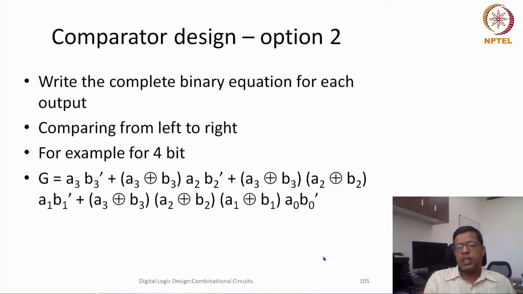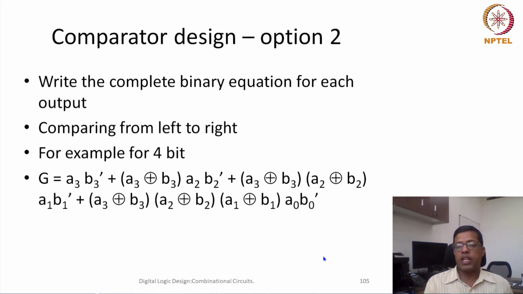So this approach, although good and complete, has one challenge: as soon as my number of bits changes, I have to redesign and find out these equations again. So what would be better is if we can find an iterative design which we can repeat every time.